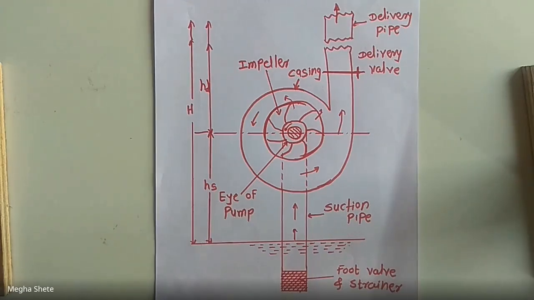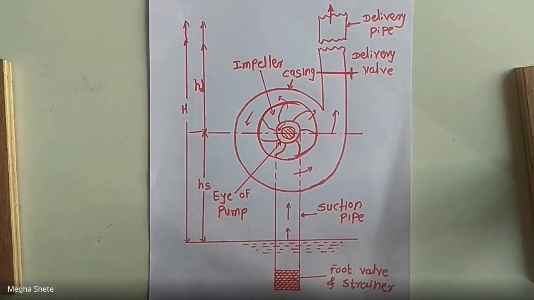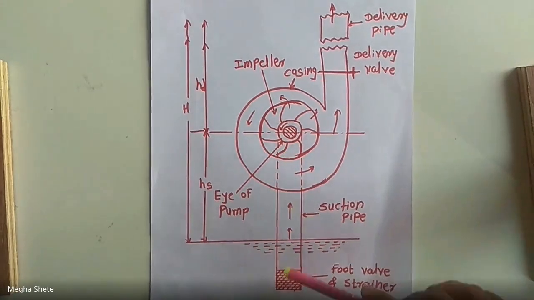Then we will see the next component of the centrifugal pump, that is suction pipe with a footvalve and strainer. A pipe whose one end is connected to the inlet of the pump and the other end dips into the water in a sump is known as suction pipe.